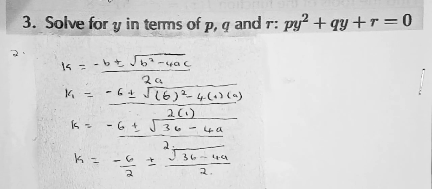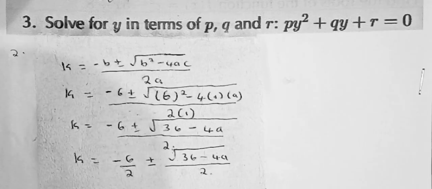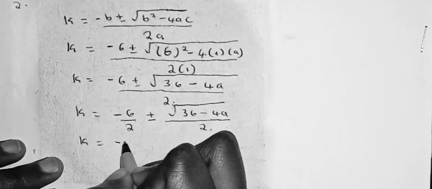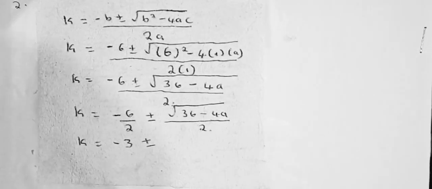So we need to solve for k in terms of a. We know that negative 6 divided by 2, we get negative 3. Am I right? k is equal to negative 3.